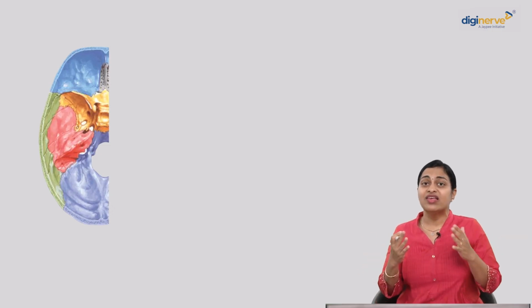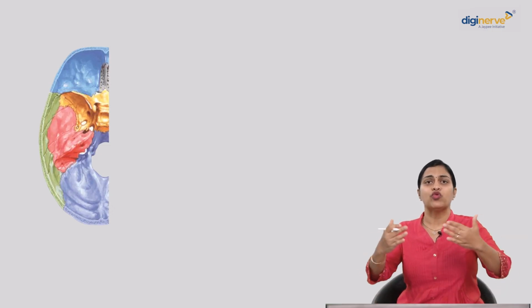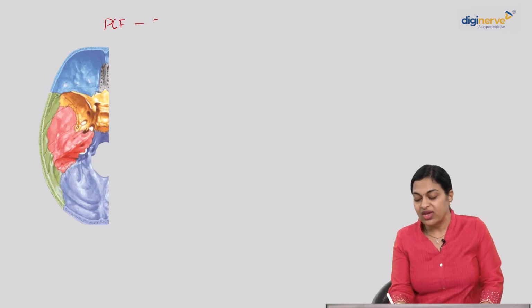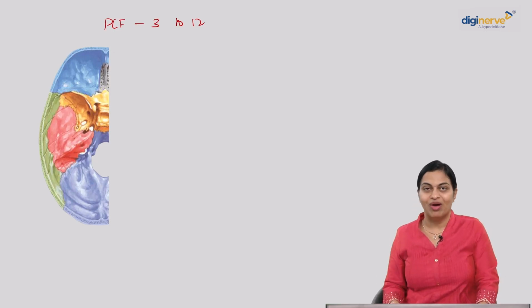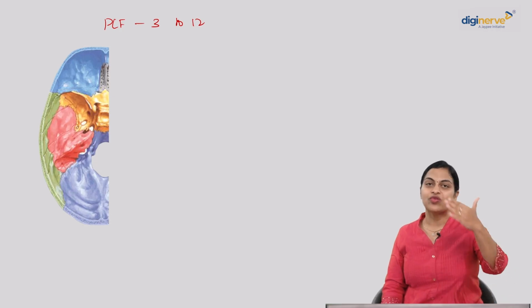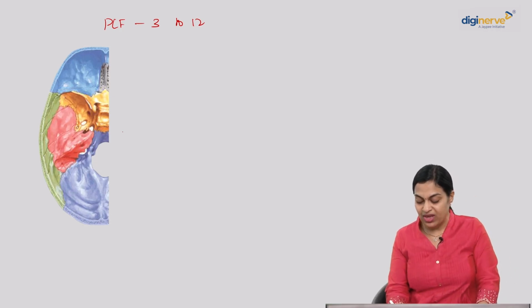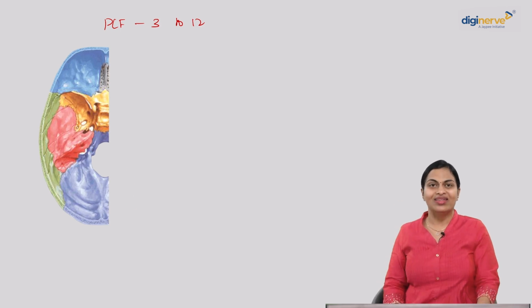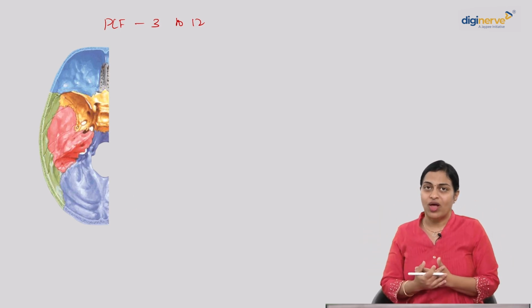Once they exit through the brainstem, these cranial nerves pass through the posterior cranial fossa. All the cranial nerves, 3 to 12, that we saw coming from the brainstem, pass through the posterior cranial fossa. This is the region of the posterior cranial fossa. They exit the cranial cavity through some foramen.